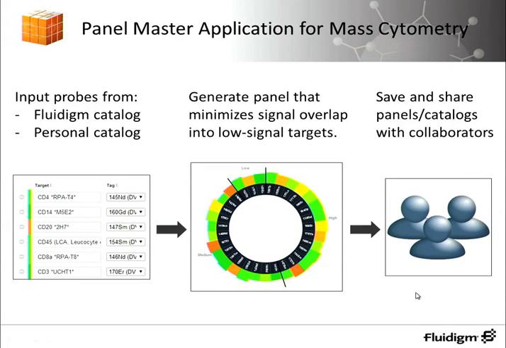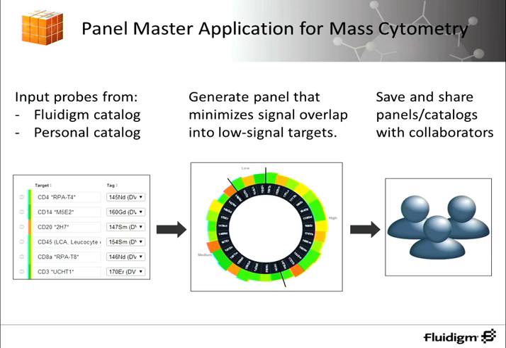So in a very simplified explanation, the way that the panel designer works is that you input probes from either the Fluidigm catalog, in which case the antigen abundance and the signal information is already going to be automatically included into the panel designer.